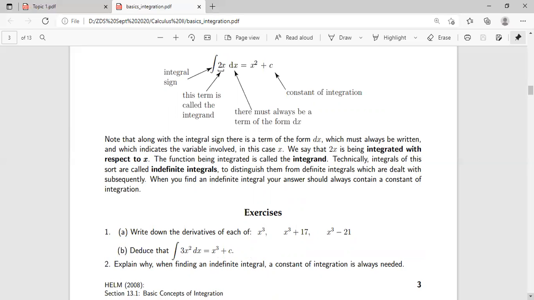Then part B, we've been asked to deduce that the integral of 3x squared is equal to x cubed plus c. This is the reverse; we are going backward. And then we've been asked to explain why, when finding an indefinite integral, the constant of integration is always needed.